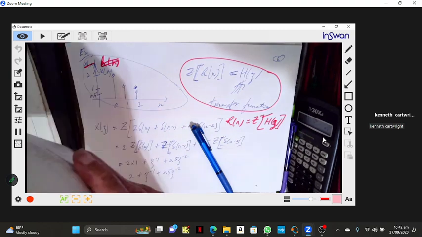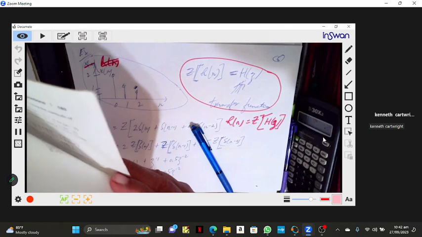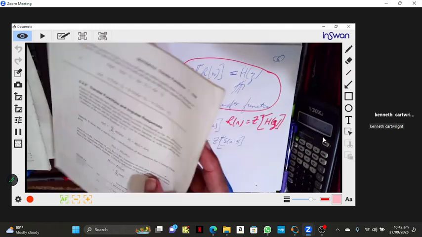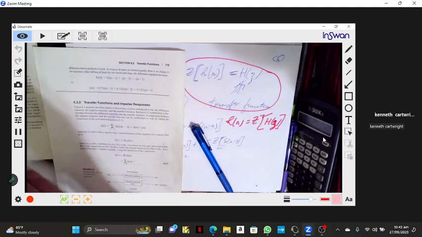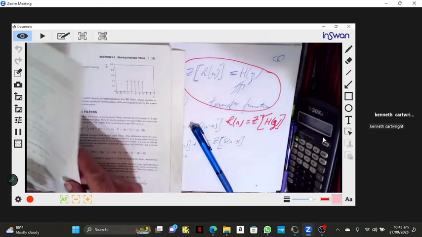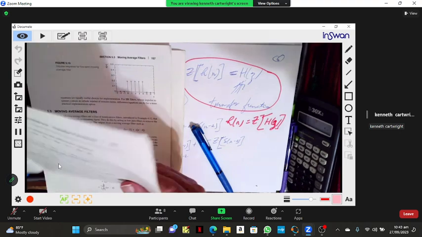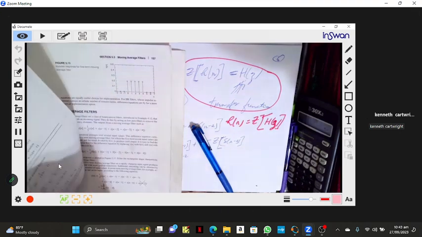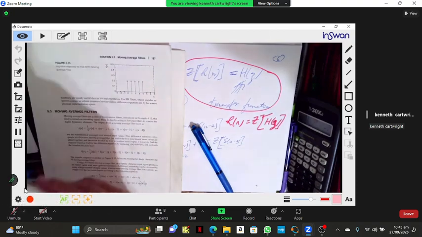Speaking of transfer functions, let's go there. Okay.